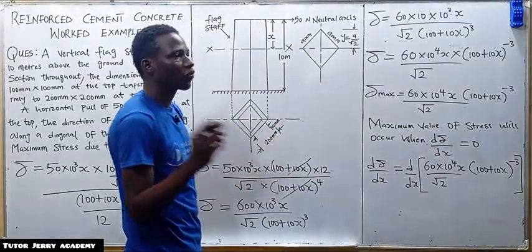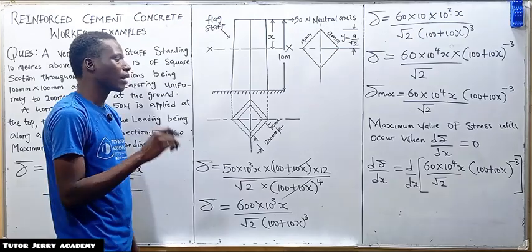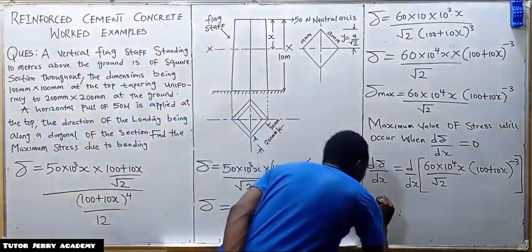So first we let k be equal to 60 multiplied by 10 to the power of 4 all over the root of 2.